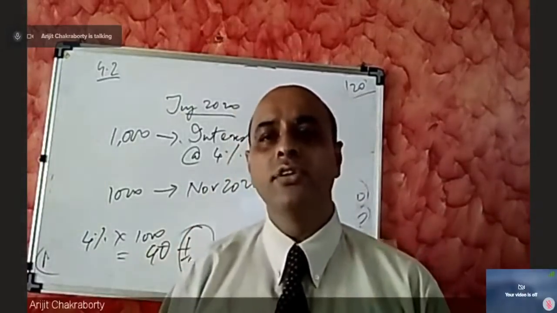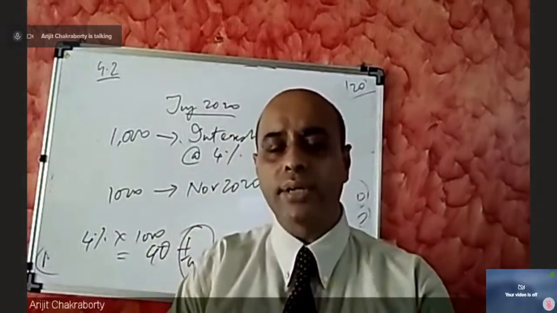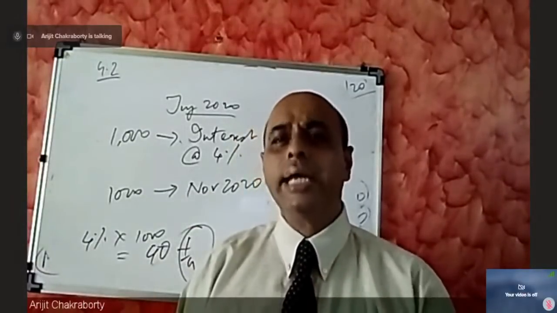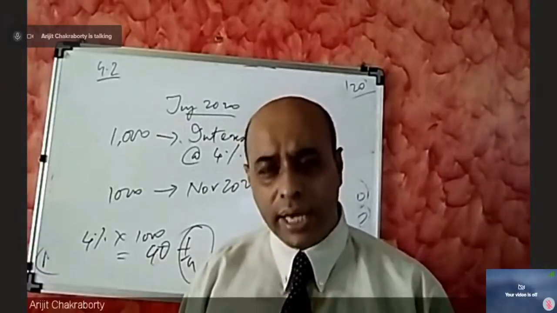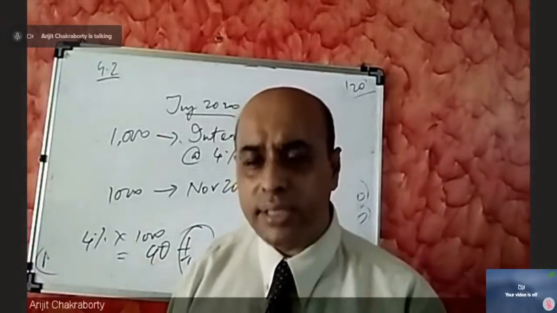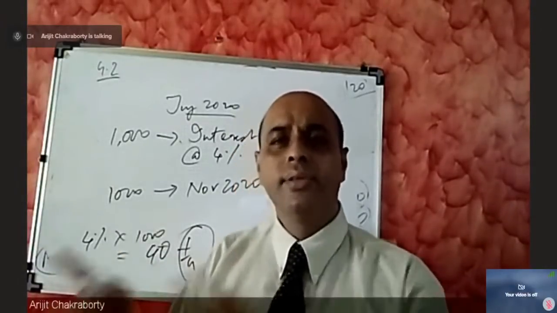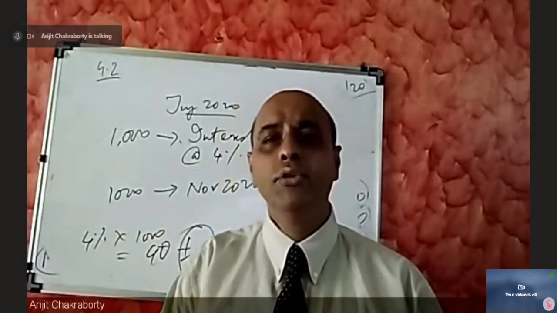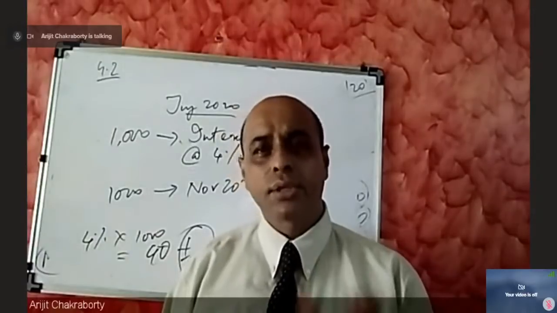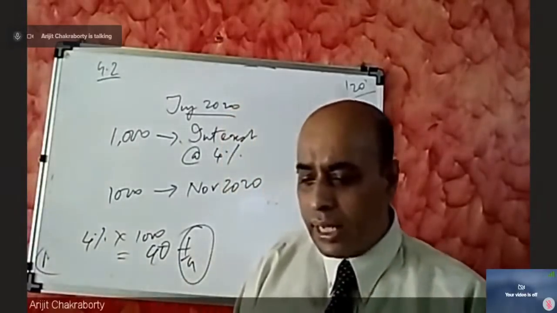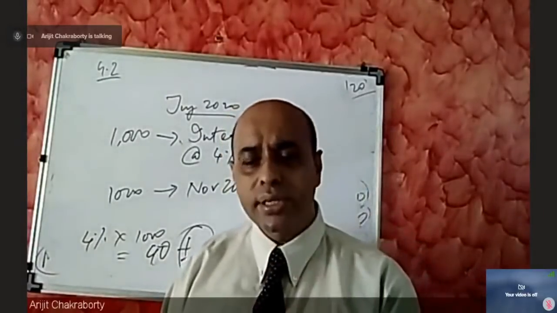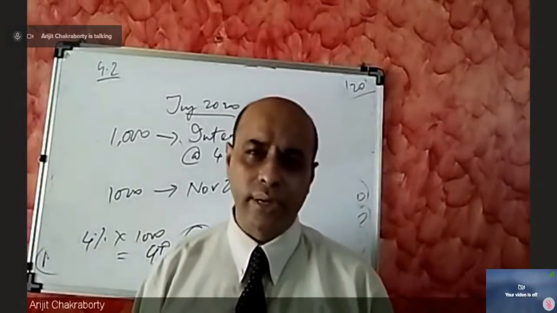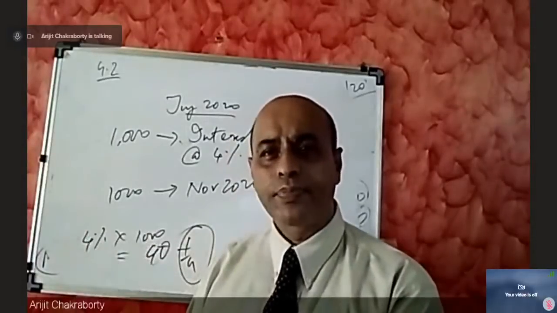So the time value of money means that if you get rupees 1,000 today, or if you get any amount today, it is always better to get the money today, because you can reinvest the money in a bank, in the stock market, in a bond, in a mutual fund, and you will be getting some returns. So the time value of money means that money fetches different amounts of interest at different points of time.